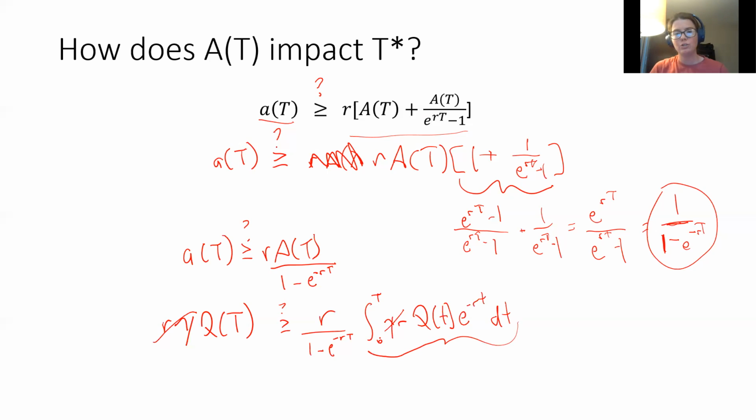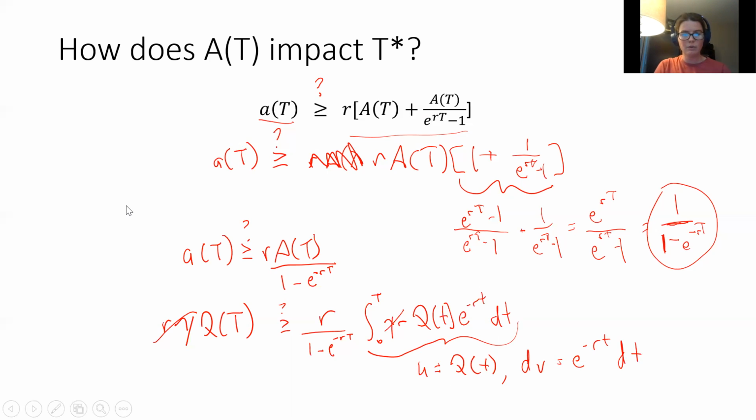So I suggest you try to do that yourself, given the integration by parts example that I just went through. This time, we're going to set u equal to Q(t) and dv equal to e to the negative rt dt.